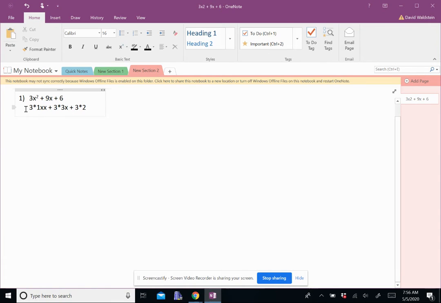So I would circle the 3 in all of them and then factor that out. I'll just underline it since circling is kind of annoying here. And remember, that's what goes to the front. So 3 is going to go to the front.